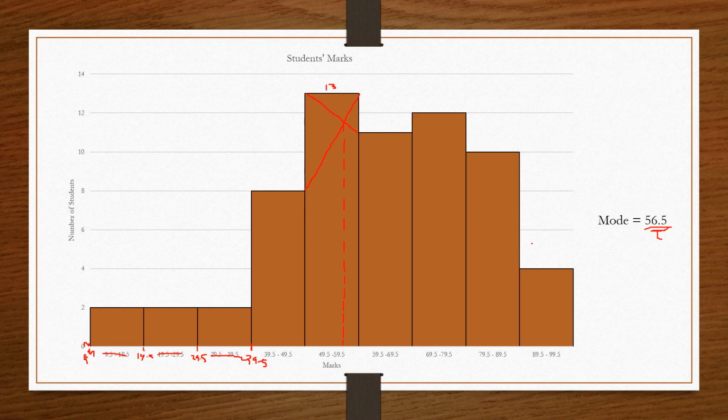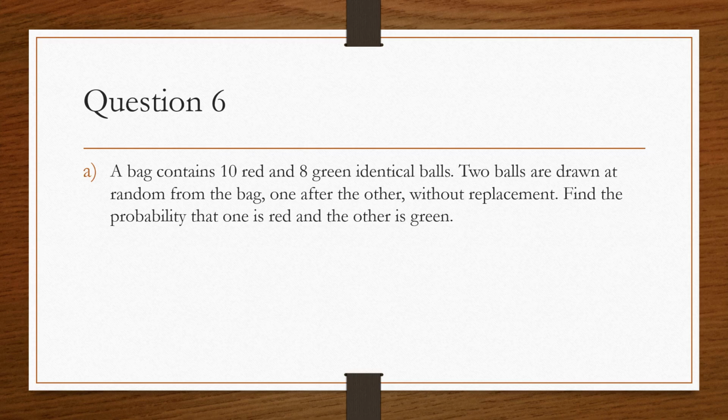Thank you. Here we have a number 6 question. Number 6 is on probability. A bag contains 10 red and 8 green identical balls, and 2 balls are drawn at random from that bag, one after the other without replacement. We have to find the probability that one is red and the other is green.